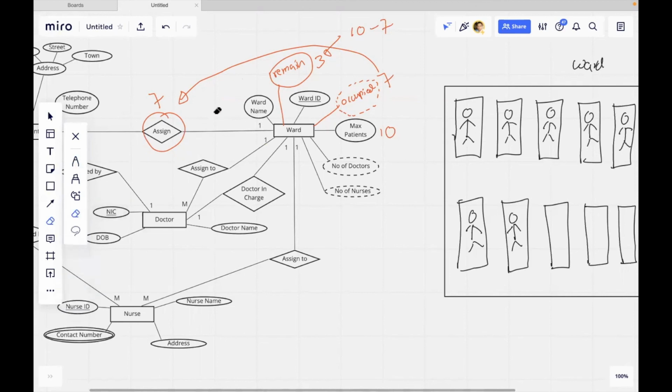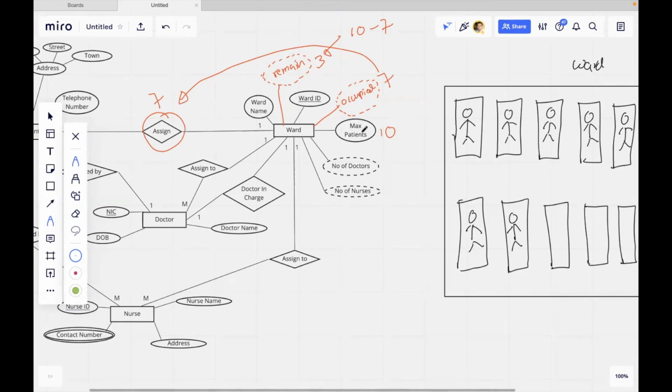So what you can do is draw this one as a dashed line. However, occupied and remaining are not mentioned in the scenario as information that we need to save. In such a situation also, they are derived because they can be calculated.